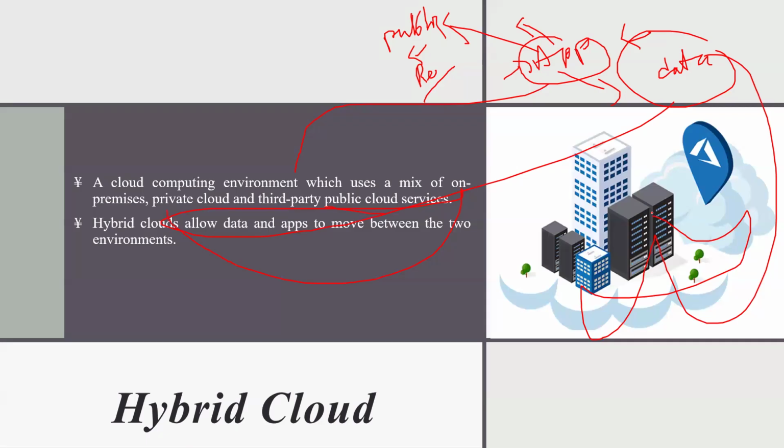Your application is in public, but your data is in private, right? Whatever you are using is mostly hybrid only, sir, because they need to secure your data. Wherever you are providing your data, they need to secure it. Otherwise, hackers can easily hack our data, right? Bhushan, you got my point?